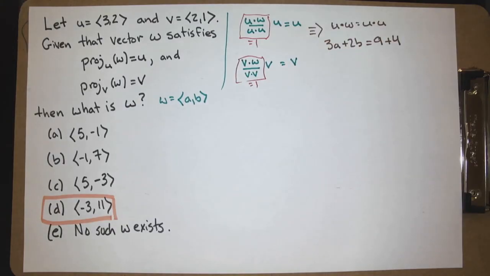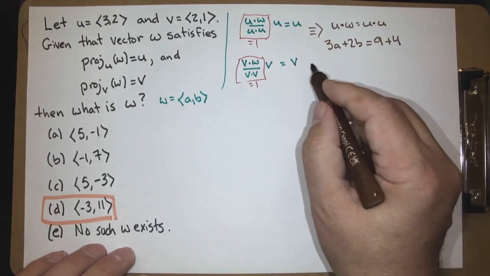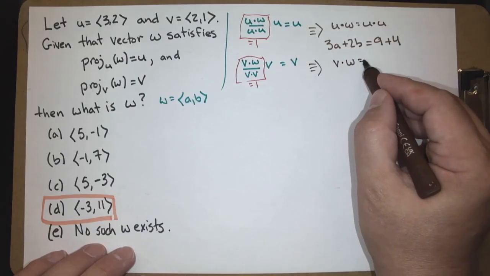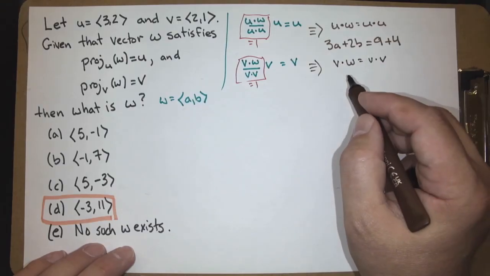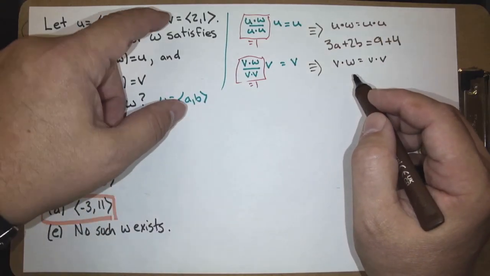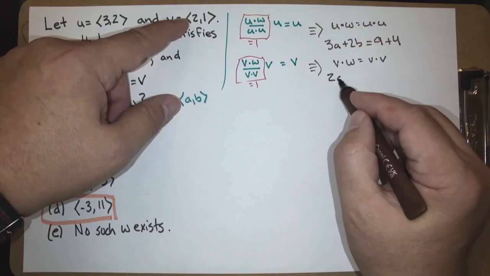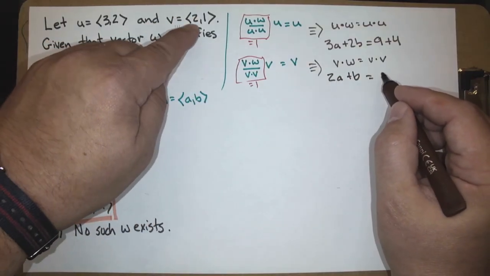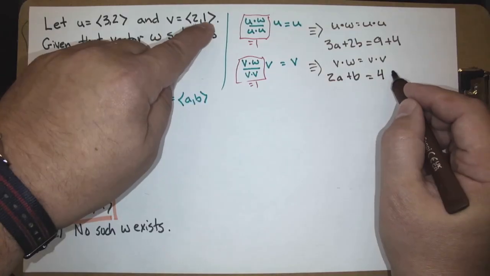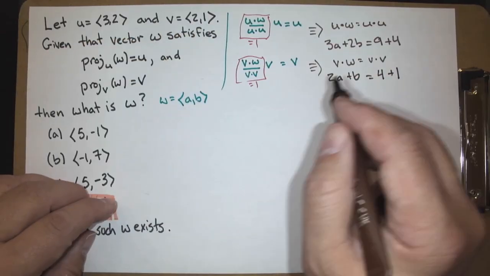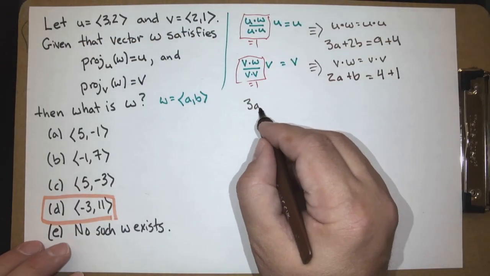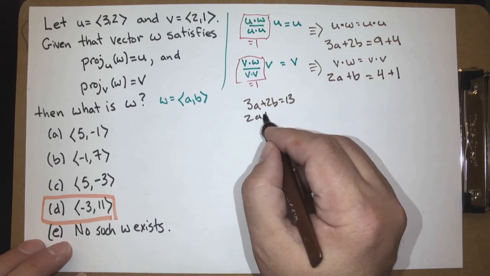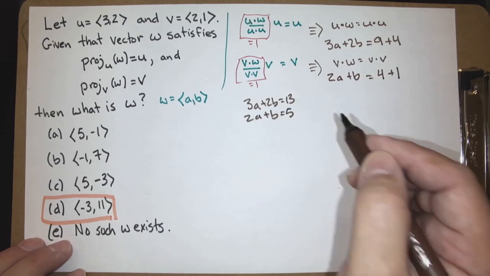So we get that V dot W is V dot V. V dot W is 2A plus B, and V dot V is 2 squared, 4, plus 1 squared, 1. So now 3A plus 2B equals 13, and 2A plus B equals 5.